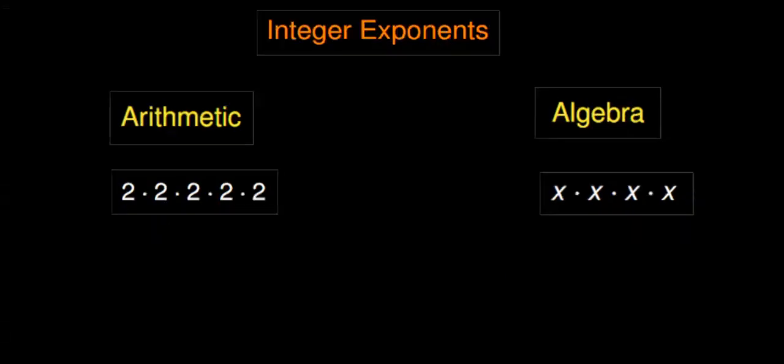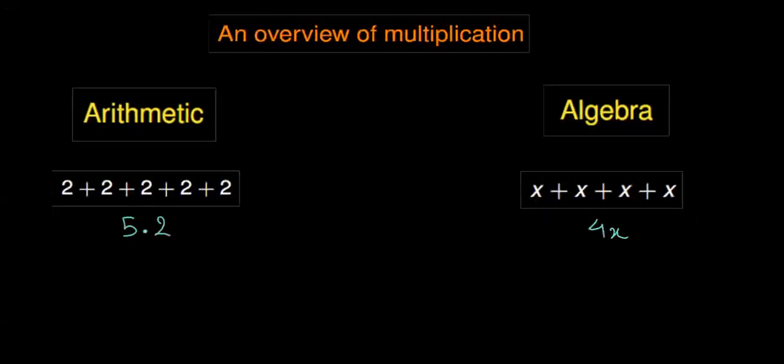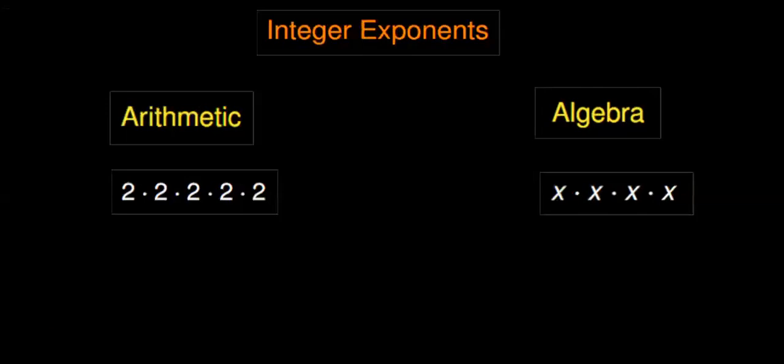So what about integer exponents? As you can see here, it is a short form, a kind of abbreviation. Just as we have a shorthand for repeated addition, we have a simple way of writing repeated multiplication.